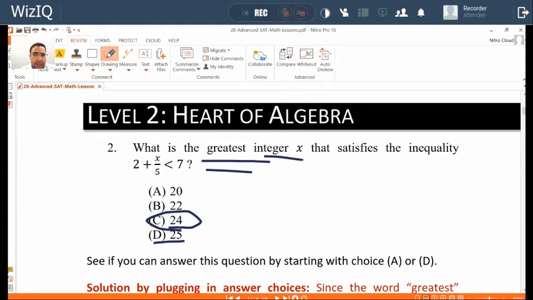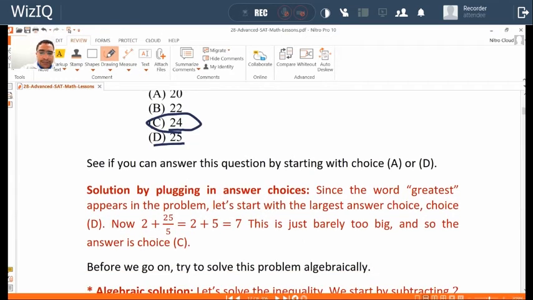You don't have to use the calculator here because 20 divided by 5 would be exactly 4, and then 24 divided by 5 would be 4 point something. So again, it's less than 7, right? That would make sense in answering this inequality.